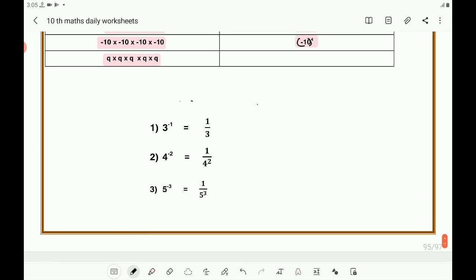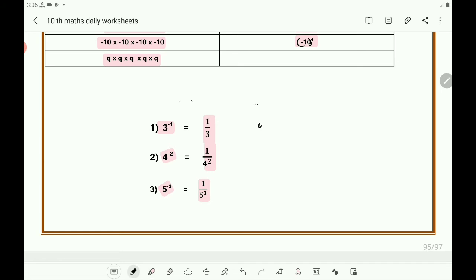Next, you take the negative exponent. 3 power minus 1 can be written as 1 by 3. 4 power minus 2 can be written as 1 by 4 power 2. 5 power minus 3 can be written as 1 by 5 power 3.